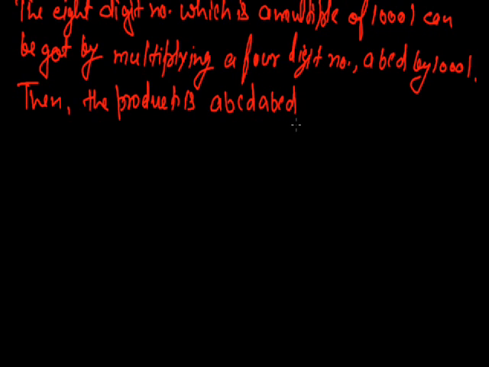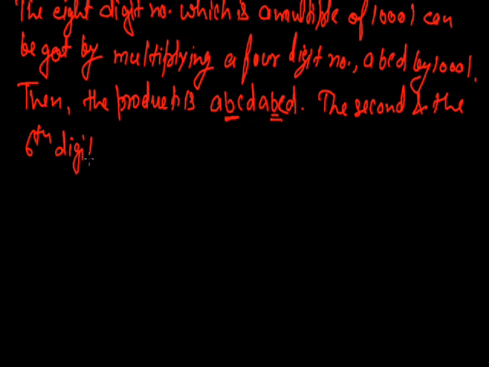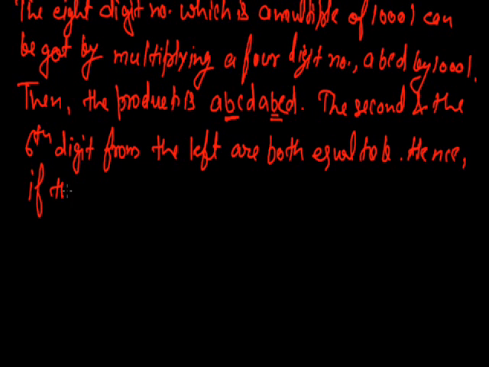In this number, the second and the sixth digit from the left are the same, both equal to B. Hence, if the second digit is 7, then the sixth digit is also 7.